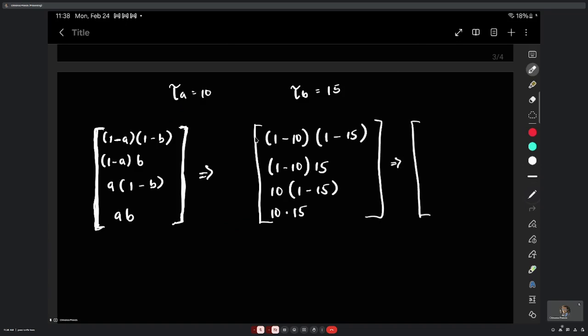So what is this going to be? It's minus 9 times minus 14. Right? So what is that going to be? 126.